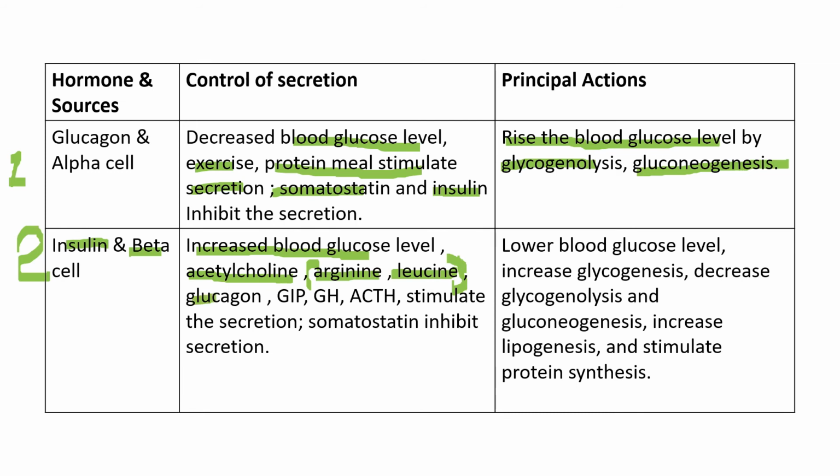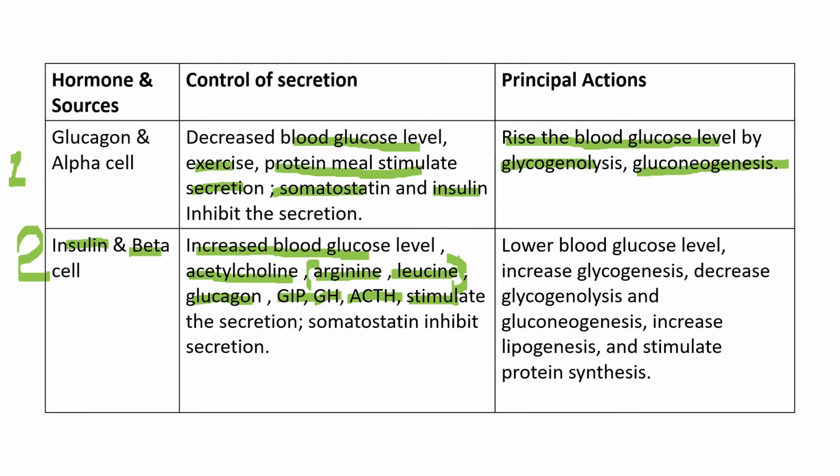GIP, growth hormone and ACTH stimulate the secretion of insulin. The full form of GIP is glucose-dependent insulinotropic peptide, GH is growth hormone, and ACTH is adrenocorticotrophic hormone.